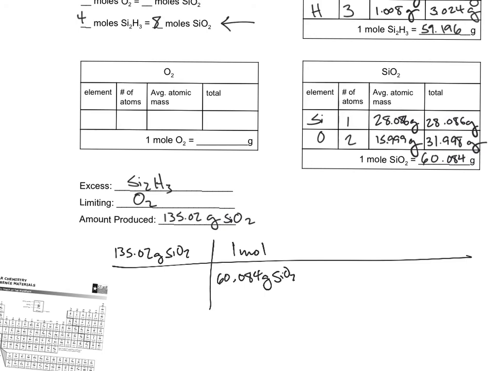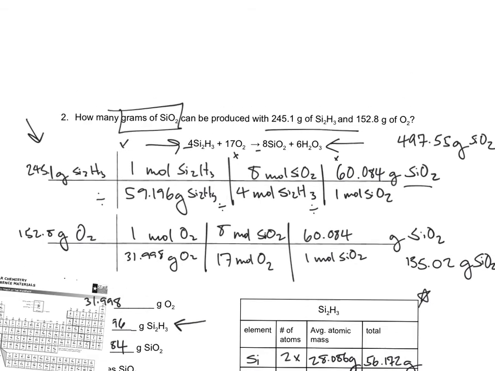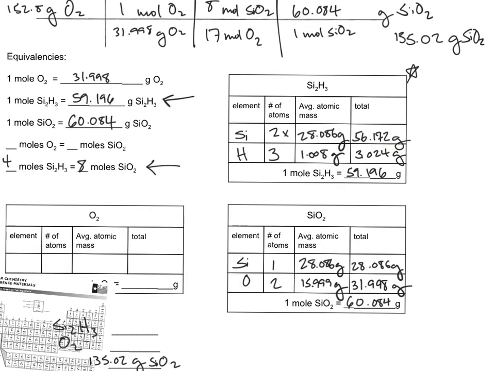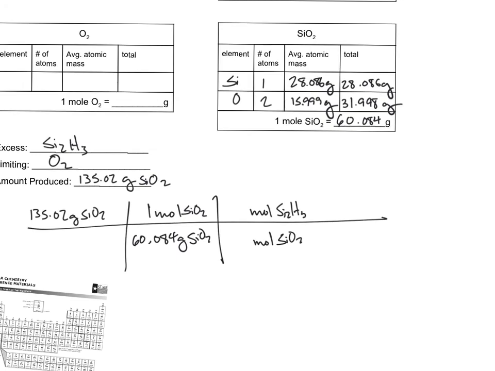Then we're going to switch back to the excess reactant Si2H3. So we need to know how many moles of SiO2 are in the equation and how many moles of Si2H3 are there. So we'll scroll up. We see there's 4 moles of Si2H3 and 8 moles of SiO2.